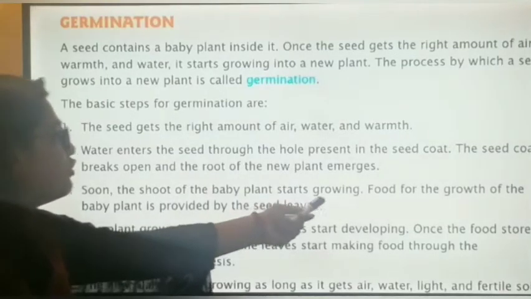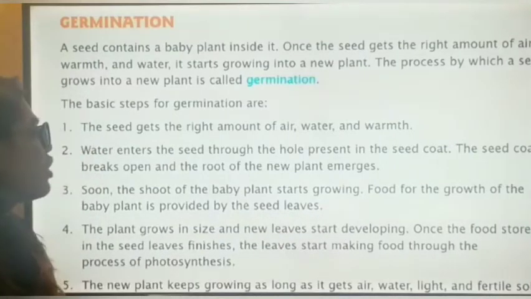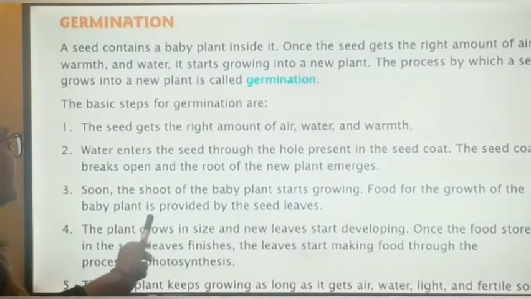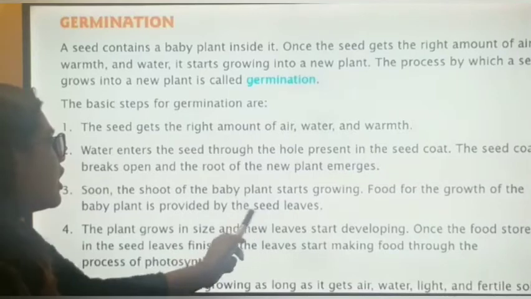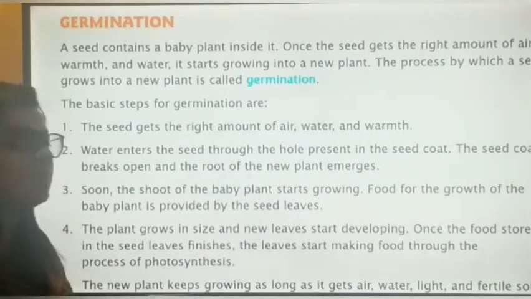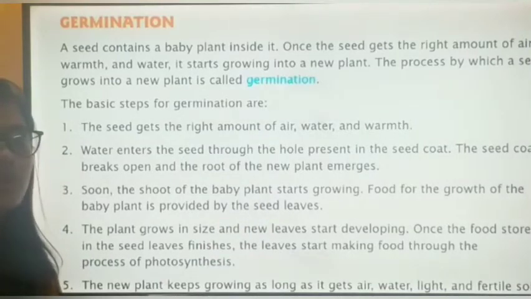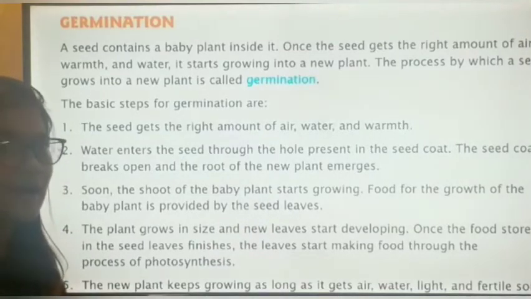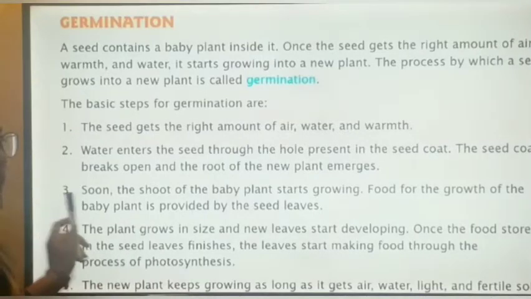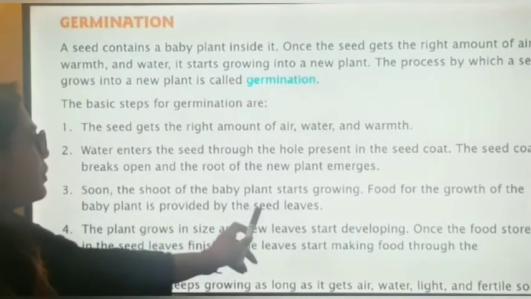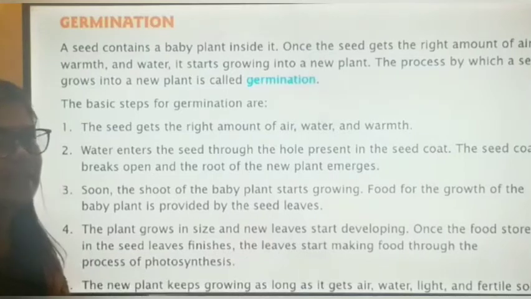Then food for the growth of the baby plant is provided by the seed leaves. In the seed structure we have seen about the seed leaves. The seed leaves store the food for the plant. So at this point the food will be provided by the seed leaves.